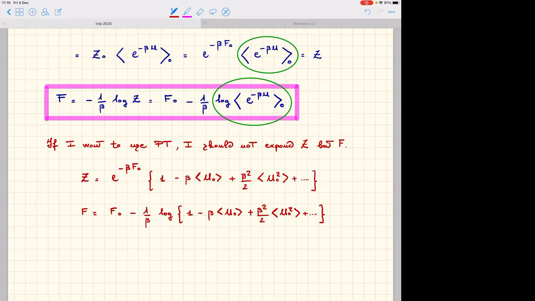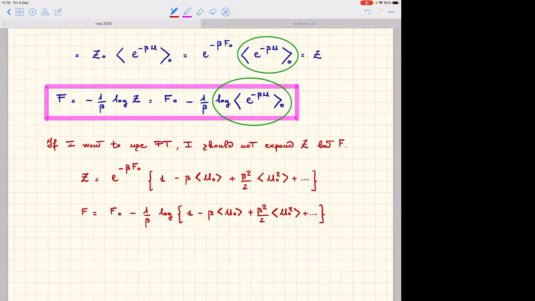And the answer is you should always write down the power series for physical quantities. And what is a physical quantity? It is a quantity that is measurable. You cannot measure a partition function. You can measure a free energy. What is physical is not the partition function, it is the free energy.